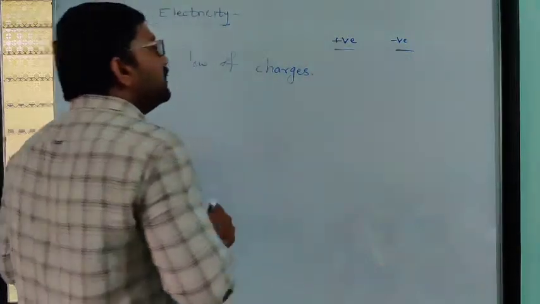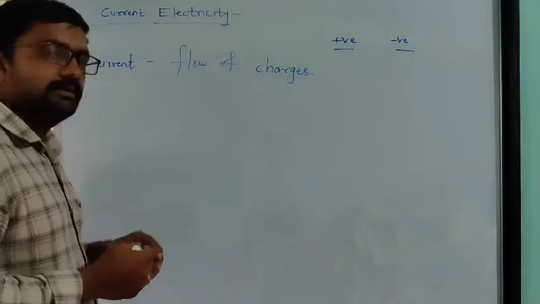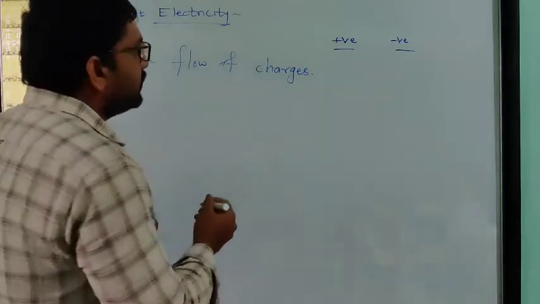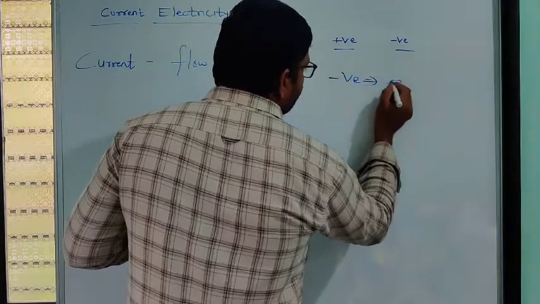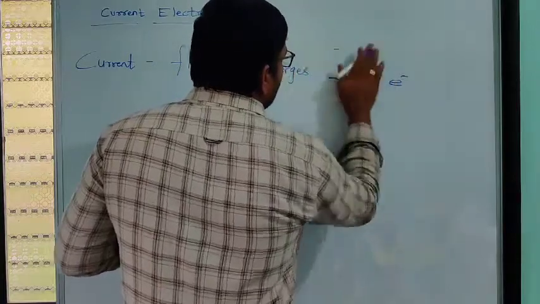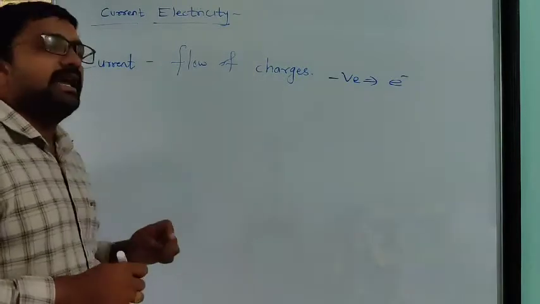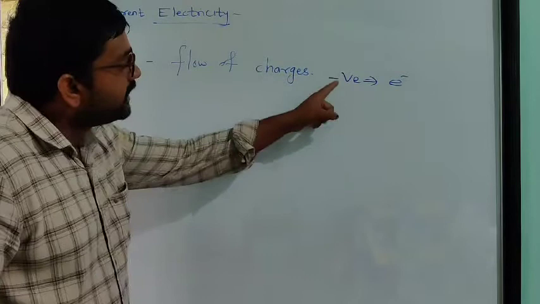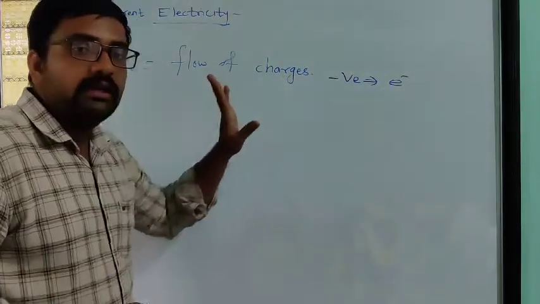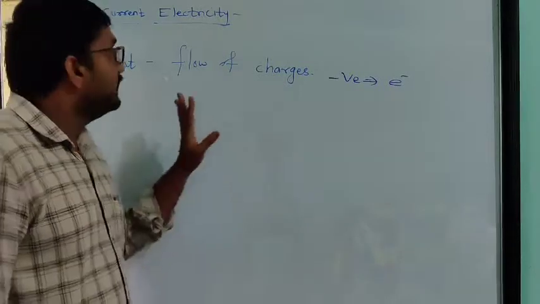Among them, for current we have to consider the negative charges, and negative charges are nothing but the electrons. So simply we can define current as the flow of charges, or flow of negative charges, that is, electrons.